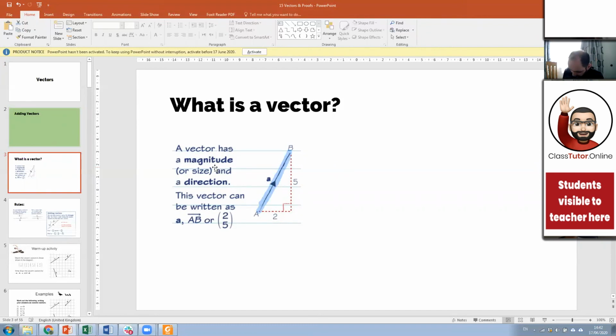So if I did that same line anywhere, so if I did that line here, or here, or here, we call all of these a. Now, it's usually a that's bold, and being bold is important because that tells you it's a vector. You can also do a with a line underneath it as well. That's another way of writing it, okay?